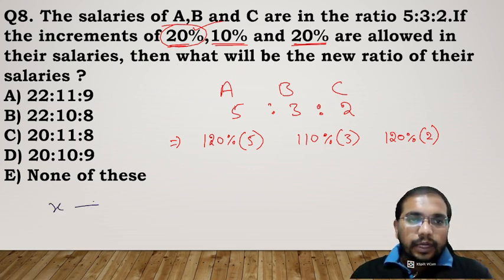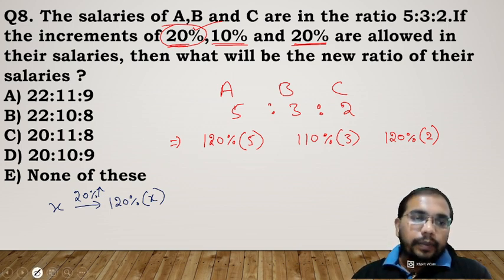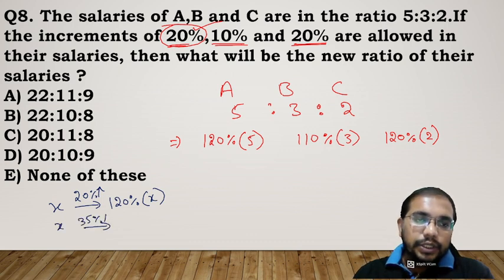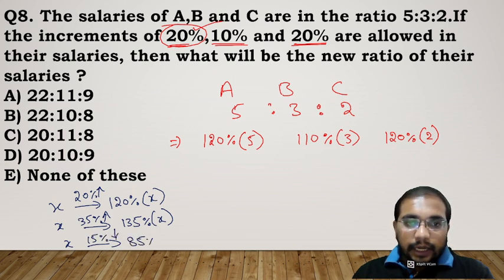If x value increased by 20%, what do you have to write? 120 percentage of x, because it is increased by 20. The new x value will become 120 percentage of x. If x value is increased by 35 percentage, then what do you have to write? 135 percentage of x. If x value decreased by 15 percentage, then what do you have to write? 85 percentage of x.